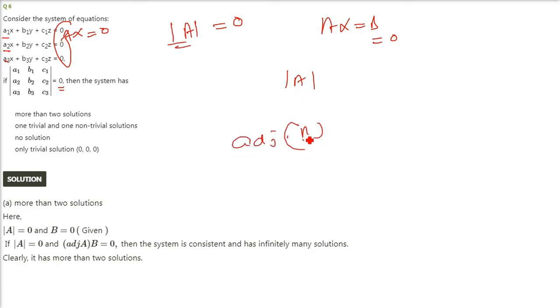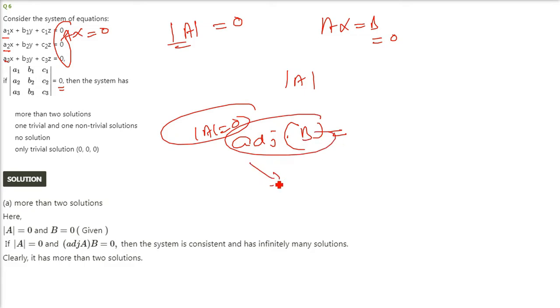So if the determinant of A is 0 and adjoint of A into B is 0, then the case is different. The system is consistent and it will have infinitely many solutions. So in this particular scenario, the system of equations has more than 2 solutions. Okay.